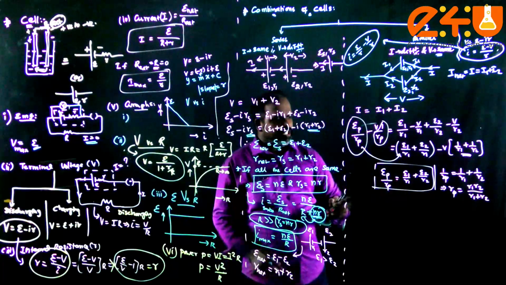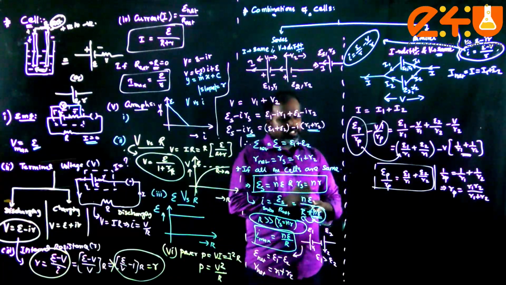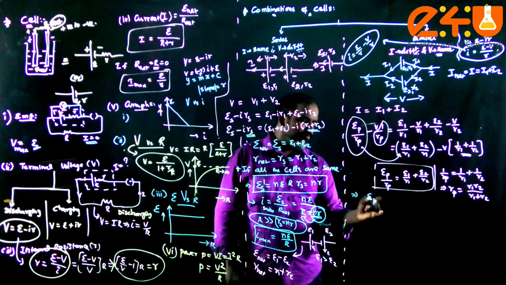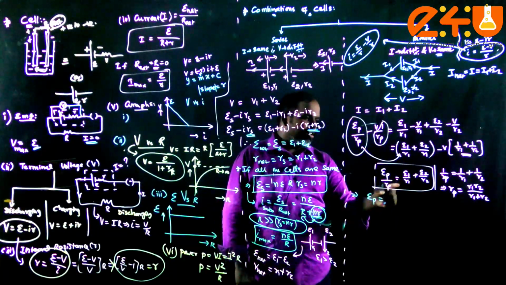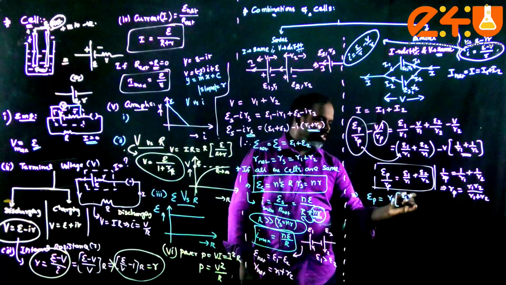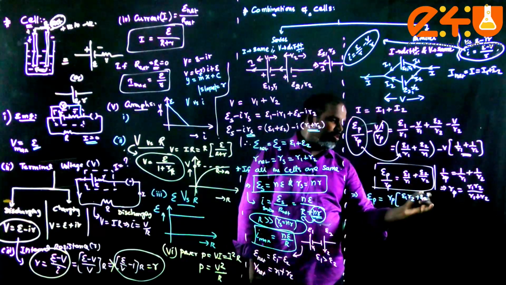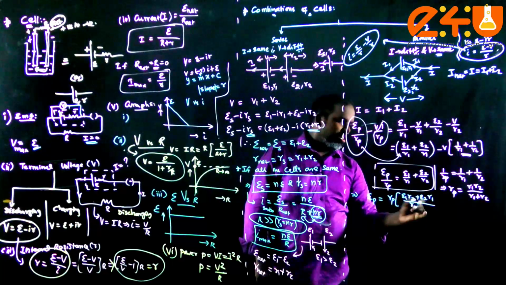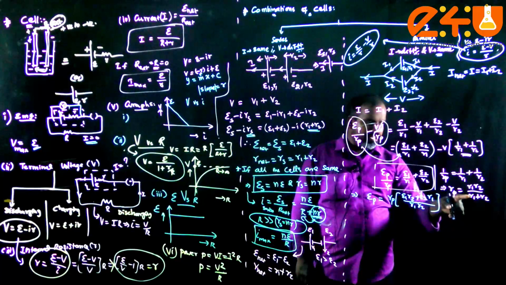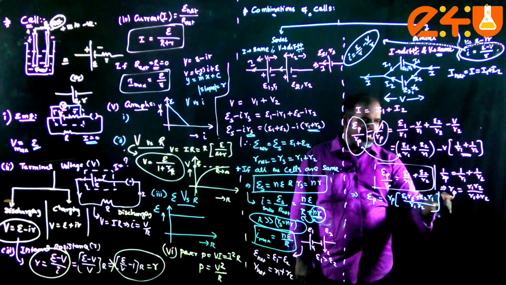The same expression can be written as, instead of doing this type of calculation, E parallel is equal to RP into, just cross multiply, E1 R2 plus E2 R1 divided by R1 R2. So RP by R1 R2 is nothing but 1 by R1 plus R2.